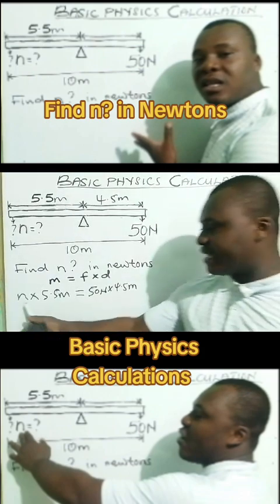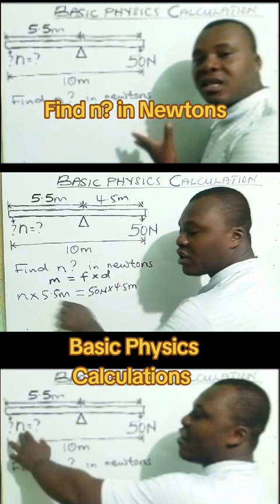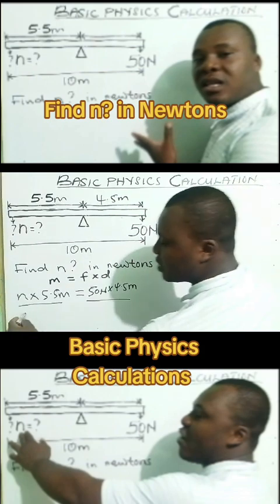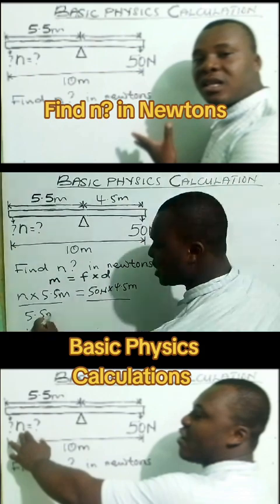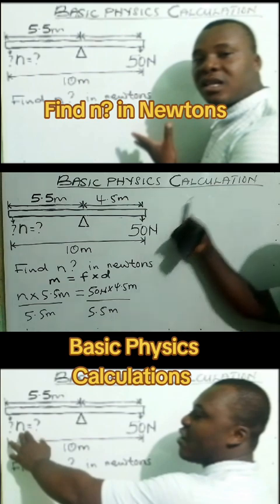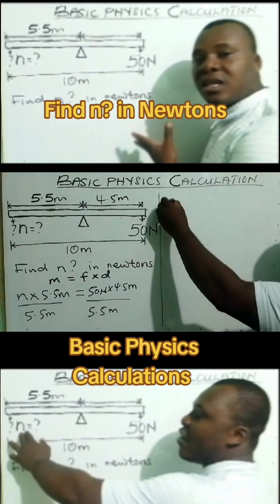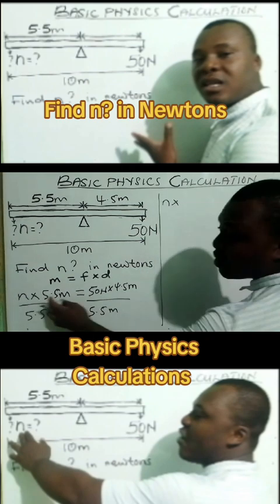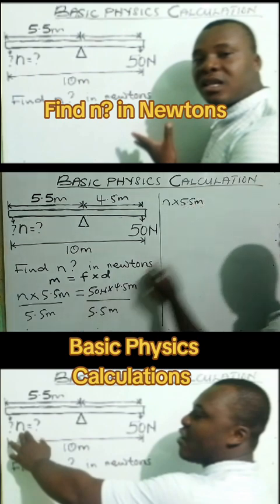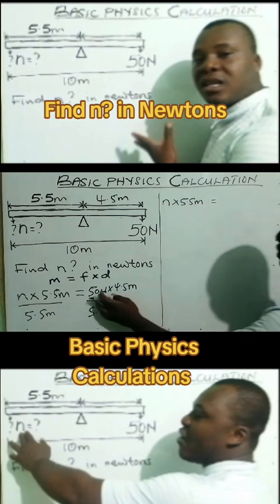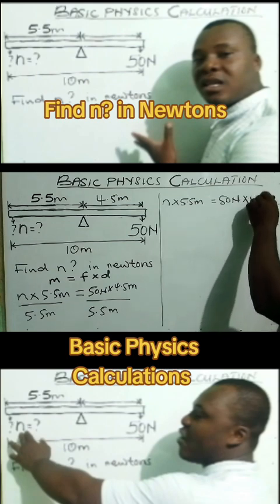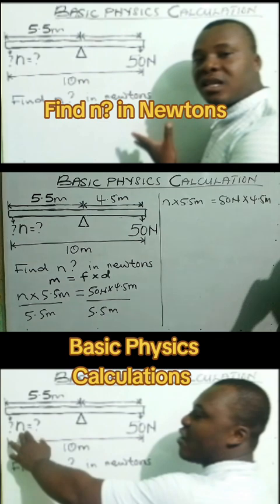Now to get this subject, we need to get rid of this 5.5. So we divide both sides by 5.5 meters. Let's rewrite this here. We have n multiplied by 5.5 meters equal to 50 Newton times 4.5 meters.